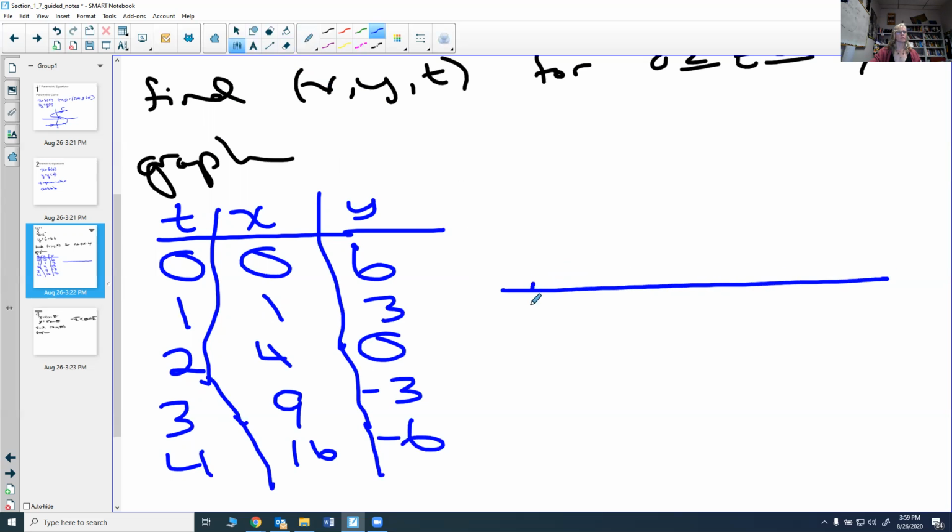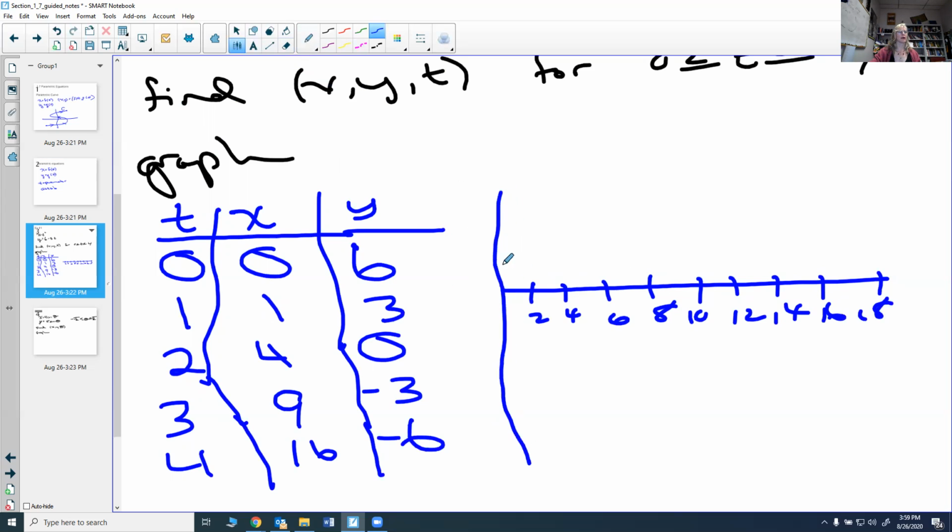So maybe I'll go 2, 4, 6, 8, 10, 12, 14, 16, and just for yaks, I'll go to 18. Now, make sure I get 0 in here, so I'll put my y-axis here. My y's go from negative 6 to 6. So negative 6, negative 5, negative 4, negative 3, negative 2. Of course, you can do this.